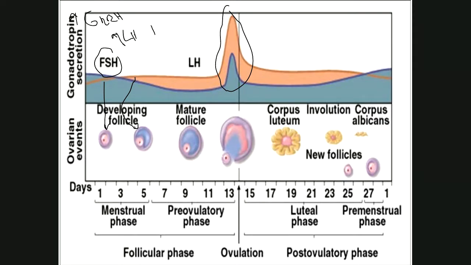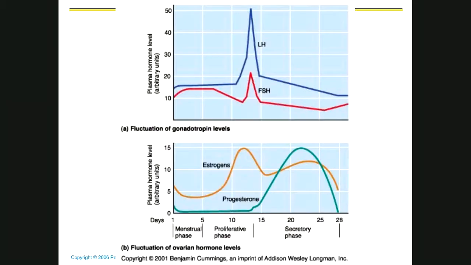That's going to cause ovulation. But that surge of LH is also going to cause this to happen. And then remember, it lives 14 days, and then it's going to die. And we're going to start all over again. Does it make sense?